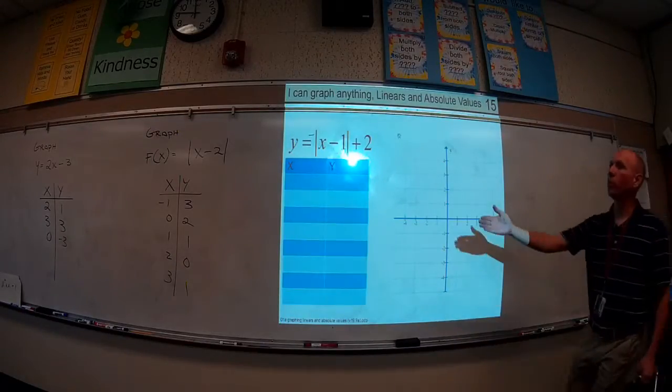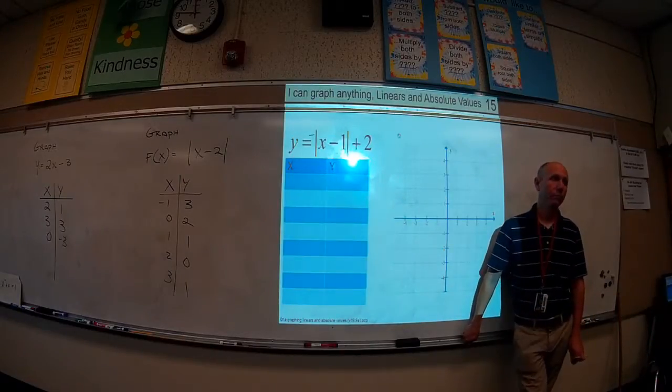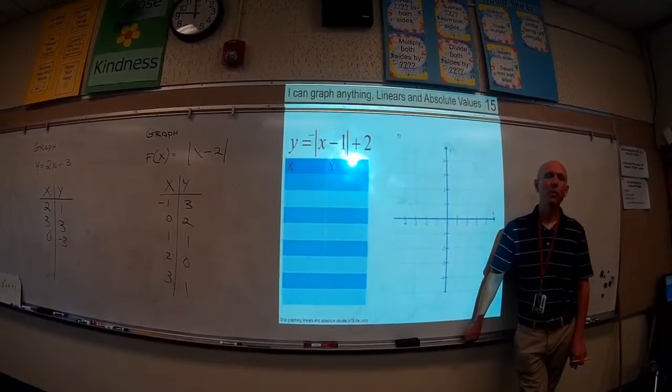Tell your neighbor, what do you want to put into this table to try to get the numbers out? Maddie, tell your neighbor. Chris, tell your neighbor. Gavin, tell your neighbor. What do you want to put into this? Nico, what do you want to put into it? Bradley, what do you want to put into it?